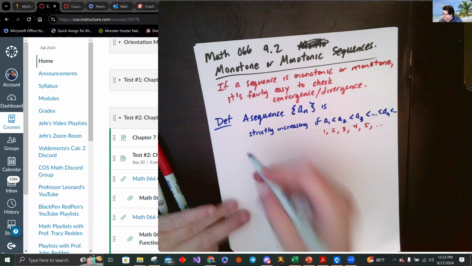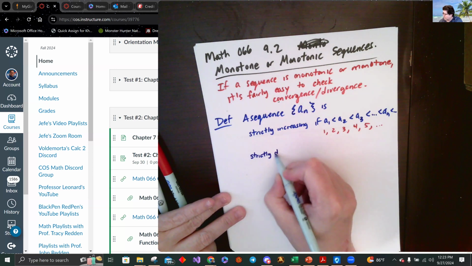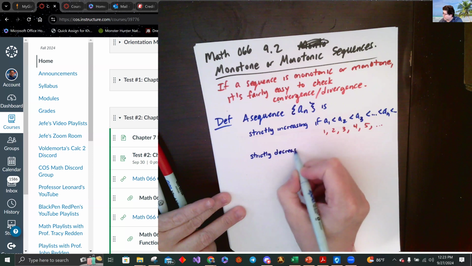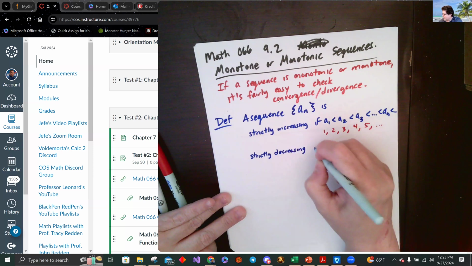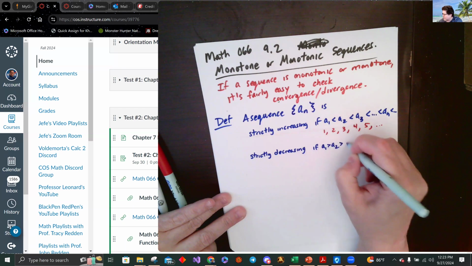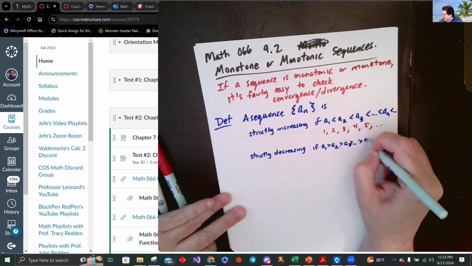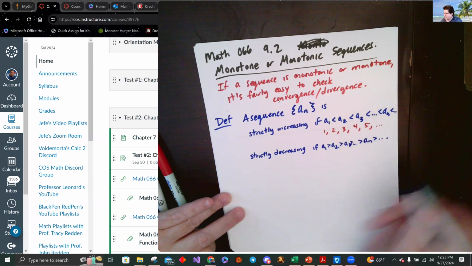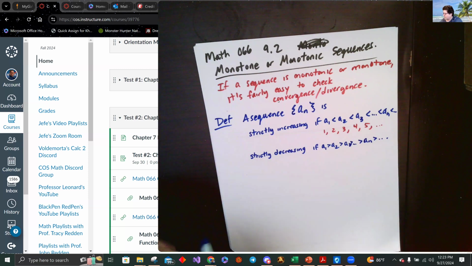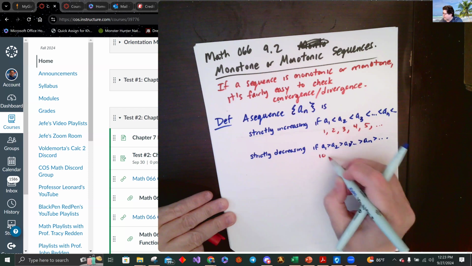And we say it's strictly decreasing if it goes the other way. If A sub 1 is greater than A sub 2, is greater than A sub 3, is greater than A sub n, and you could look at, like, pick any starting number and go downward.